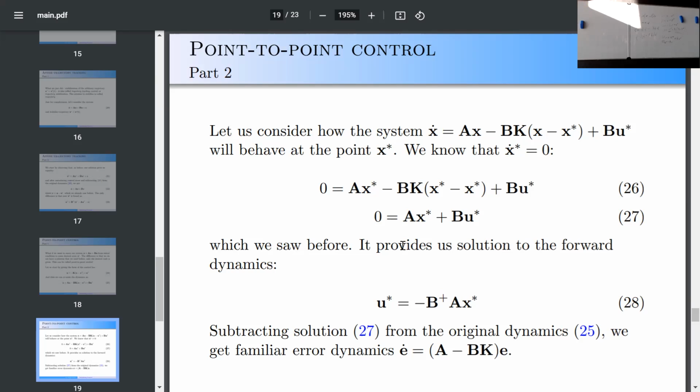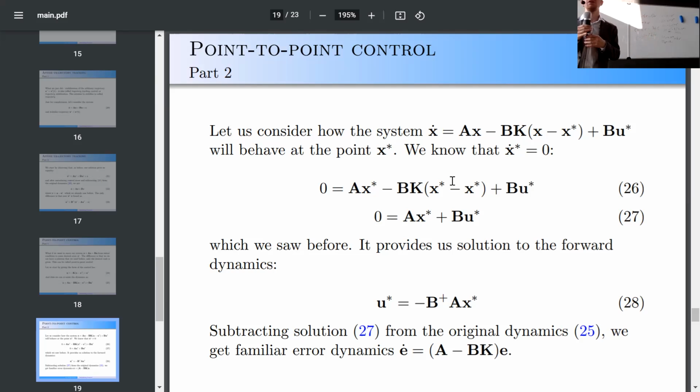We substituted, you can see it is equation 26, and we see that in the brackets there is x star minus x star, so it goes to 0. That is because when we approach the point x star exactly, we shouldn't really have any feedback. We shouldn't act on the error. We are perfectly happy.